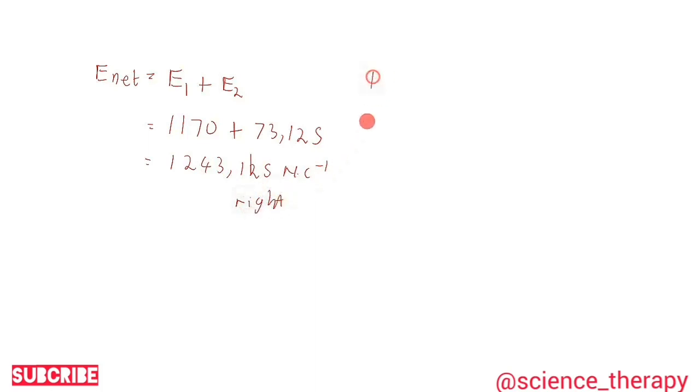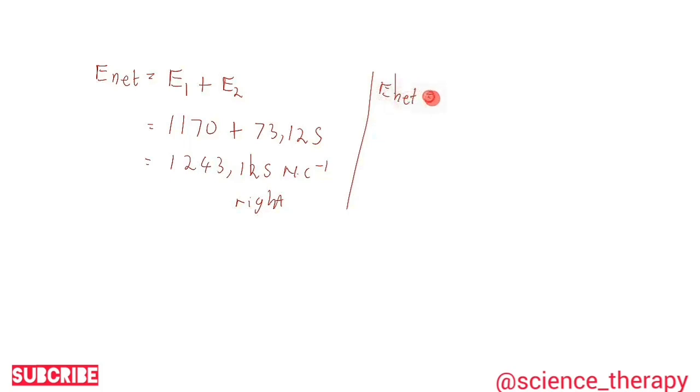Then remember, we have 1170 plus 73.125, and that will give us 1243.125 N/C. To which direction? Right.